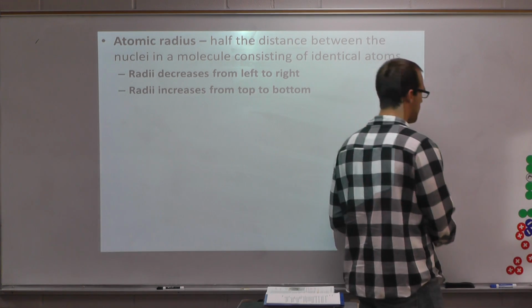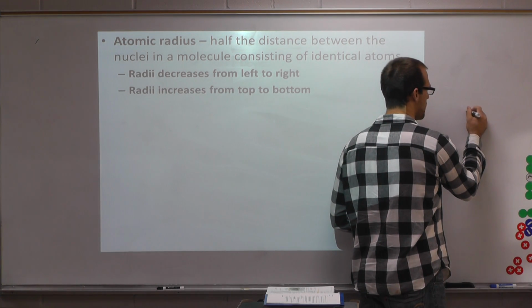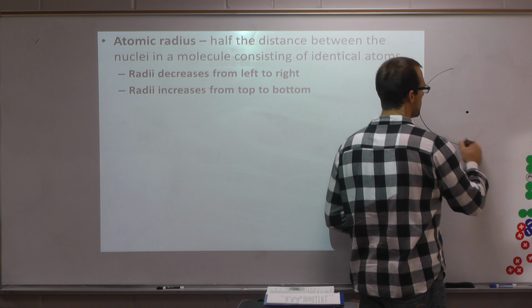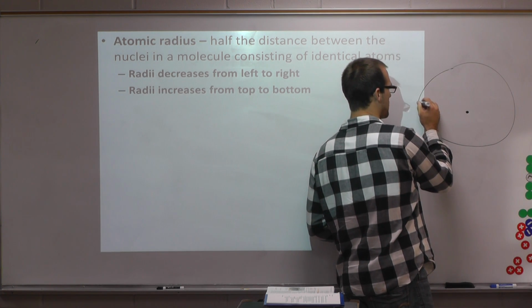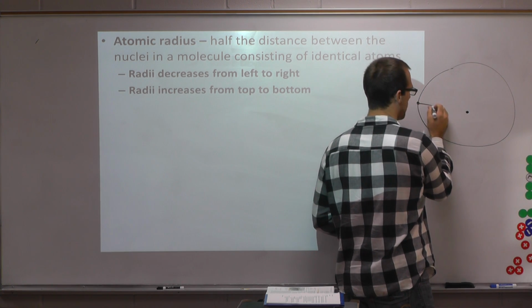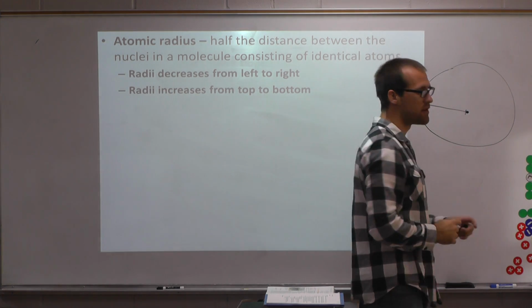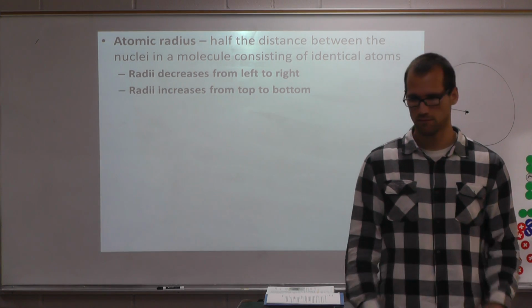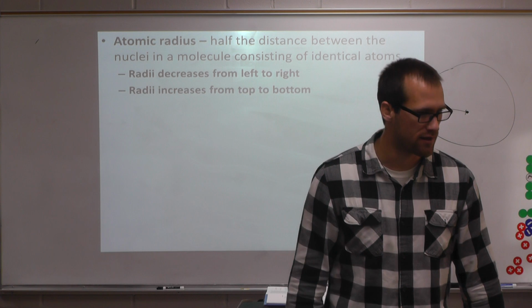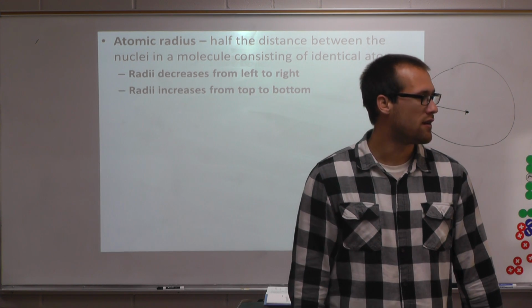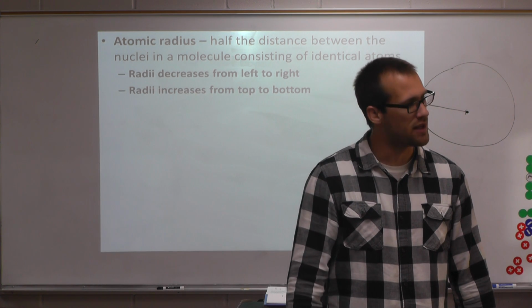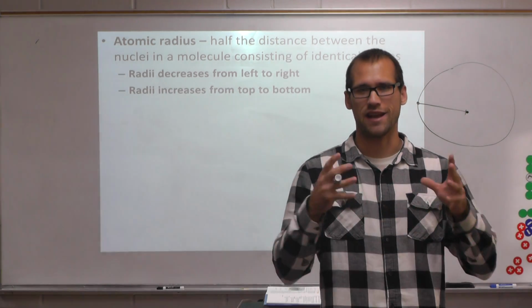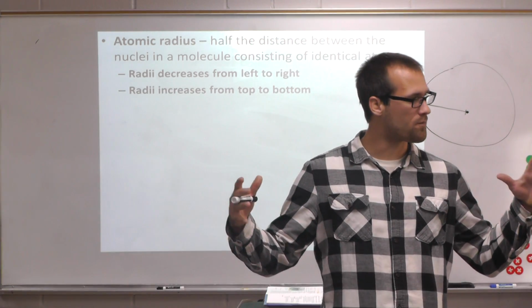So I suppose I should probably define radius here. There's your nucleus. Your radius would be, like you would expect, from your outer energy level electron to your nucleus. I'm sure you guys assumed that already, but just in case. So from top to bottom, that one's pretty easy because you're adding an energy level as you go down.